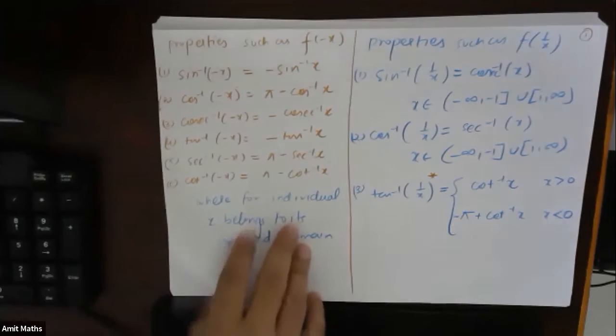Okay, fine. So now let's see. These are the two basic properties, right? These are two different forms.